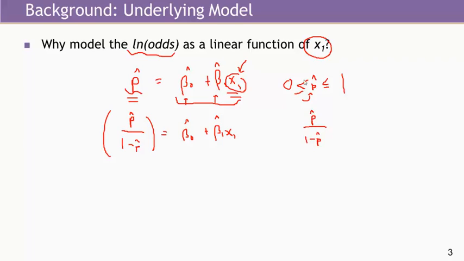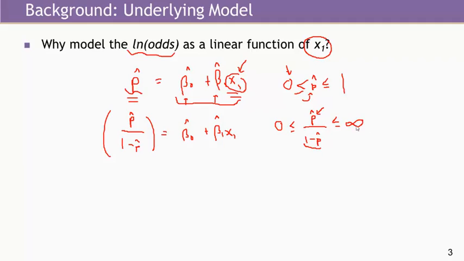Well, let's take the lower bound on the probability. If that's close to 0, then our odds is going to be such that the numerator is close to 0 and the denominator is close to 1. So when the probability or proportion is close to 0, the odds is close to 0. However, when our probability gets close to 1, the numerator is close to 1, and the denominator will be close to 0, pushing this towards positive infinity.